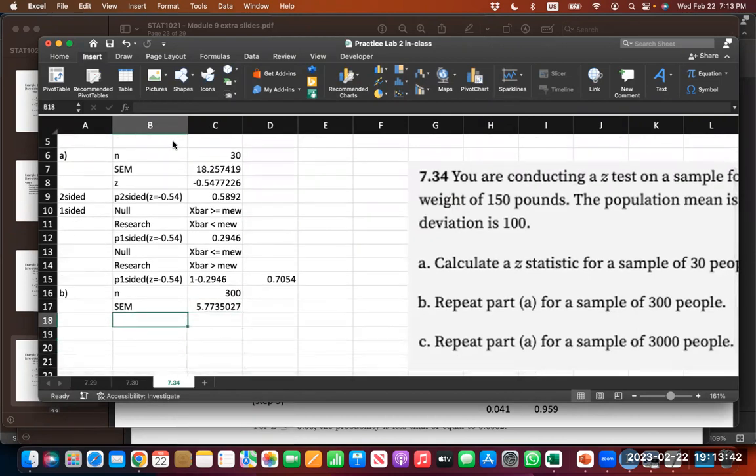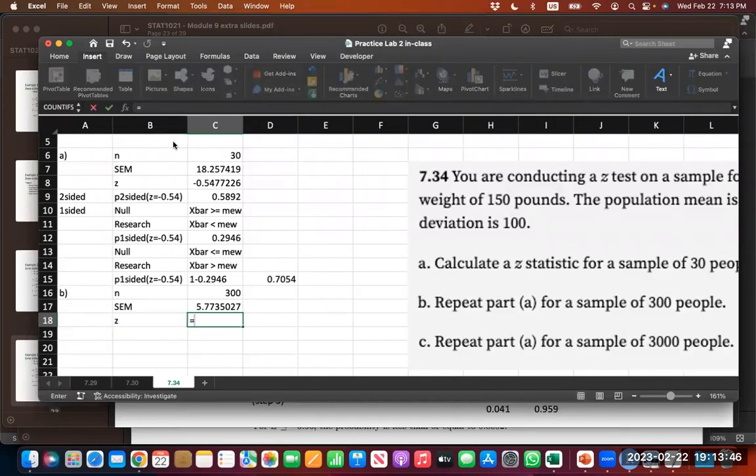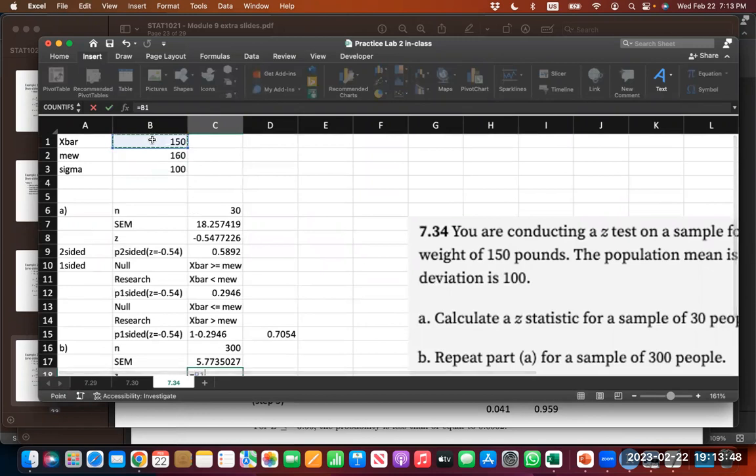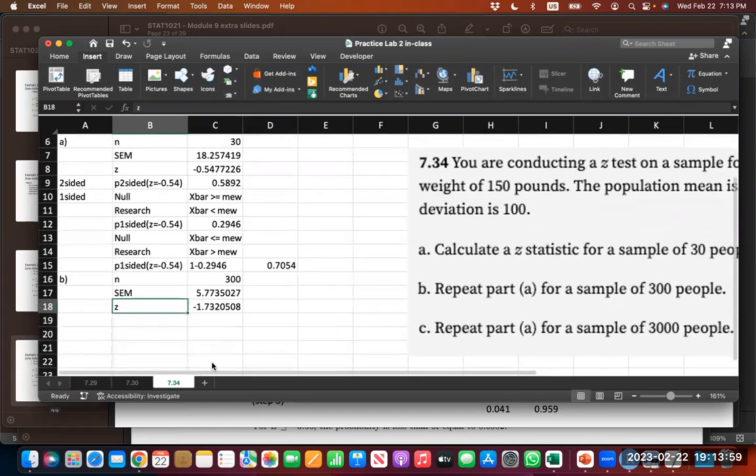Based on the standard error of the mean, we're calculating our set. This would be x bar minus mu in the parentheses, divided by our new standard error of the mean, which will give us a set of minus 1.73.